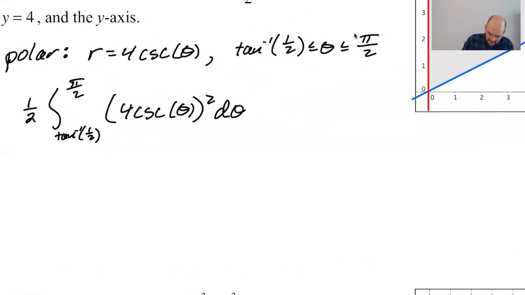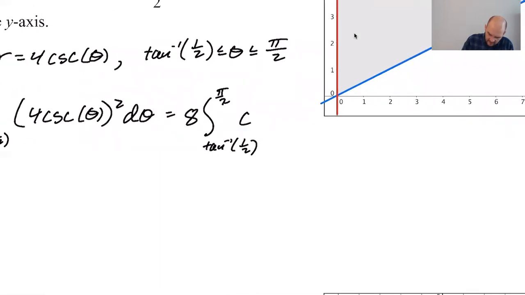Okay, so 16 divided by 2 is 8, and then the integral from inverse tangent of 1/2 to pi over 2 of cosecant squared of theta.